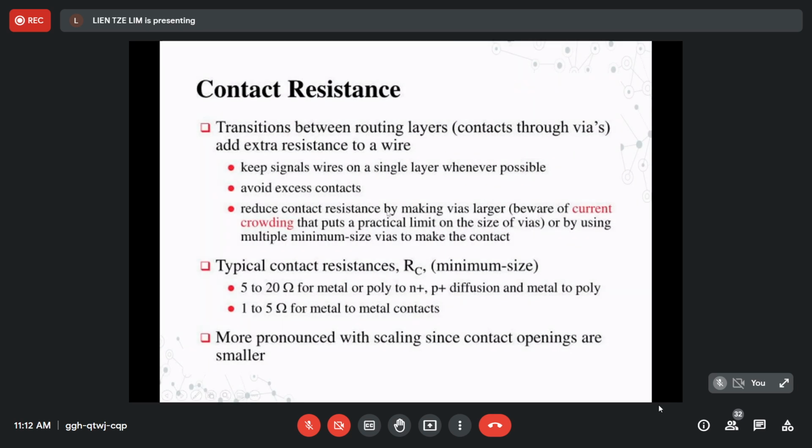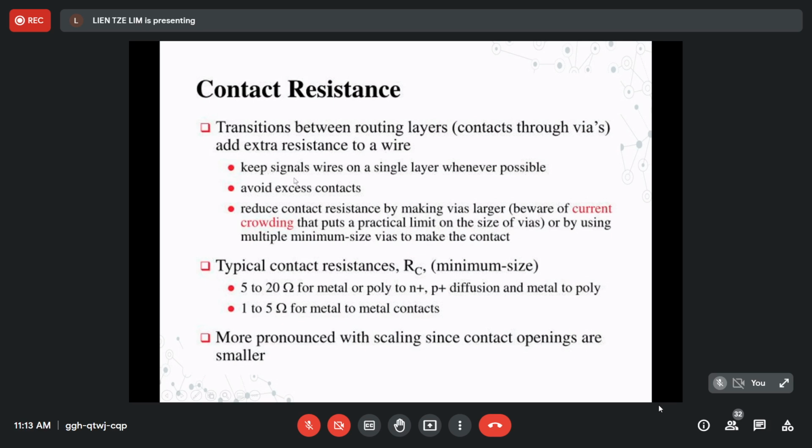Another source of resistance here is the contact resistance. You know what a contact is. Contact itself will also cause resistance. Contact is a transition between the routing layers, and the transitions between the routing layers will add extra resistance to a wire.